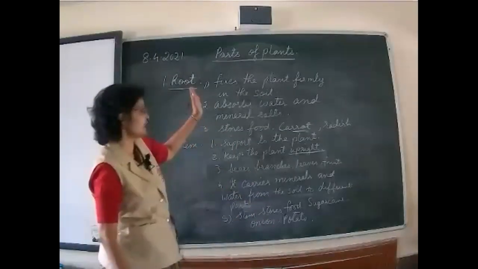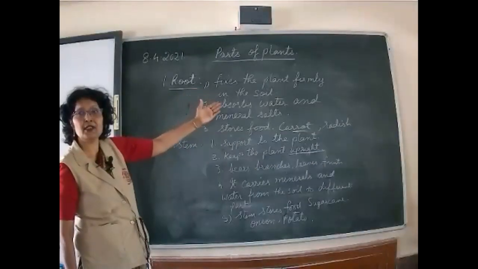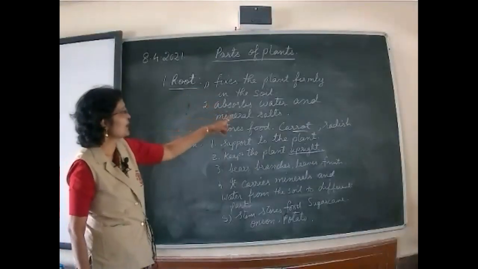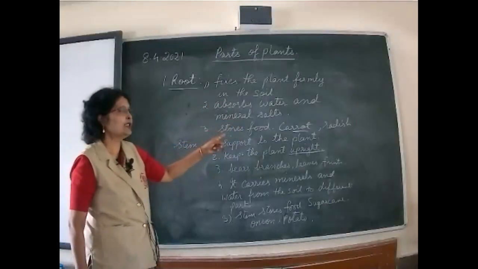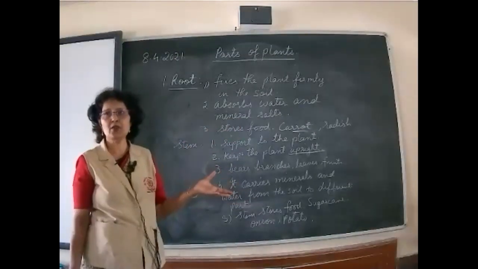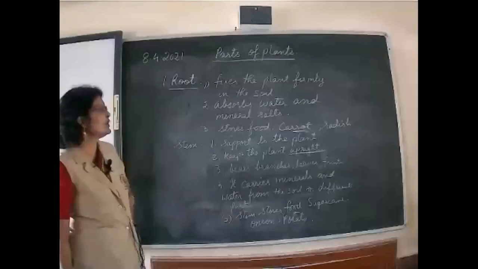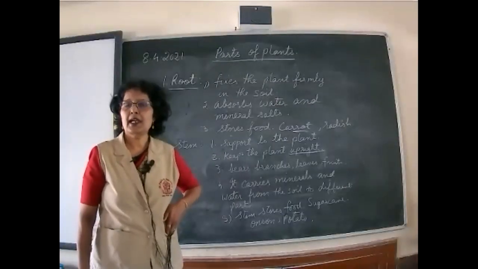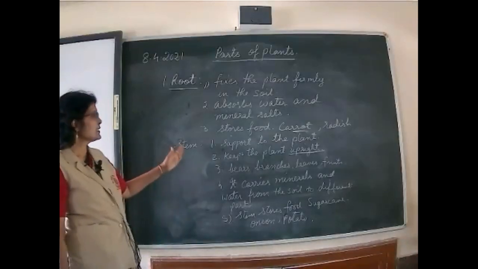So just revise this again. Root fixes the plant firmly in the soil, absorbs water and mineral salts from the soil, and stores food in the roots. Some plants store food in their roots, such as carrot and radish. The plant uses this stored food to survive.